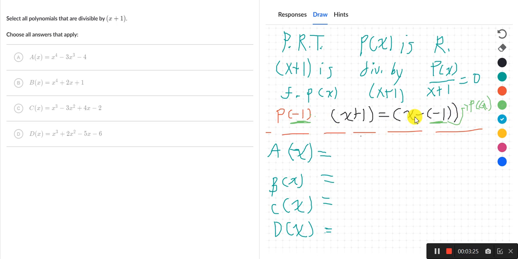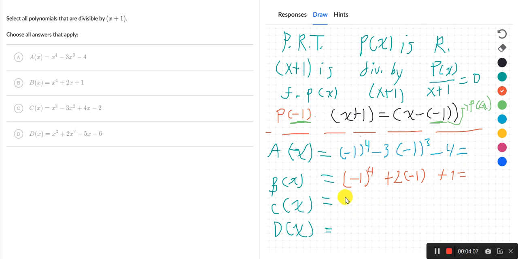So let's do that. The first one is -1 to the power of 4 minus 3 times -1 to the power of 3 minus 4. You can do that with your calculator while I am trying to do this video, so you can tell me the answer. And the second one is, we have -1 again to the power of 4 plus 2 minus 1 plus 1.